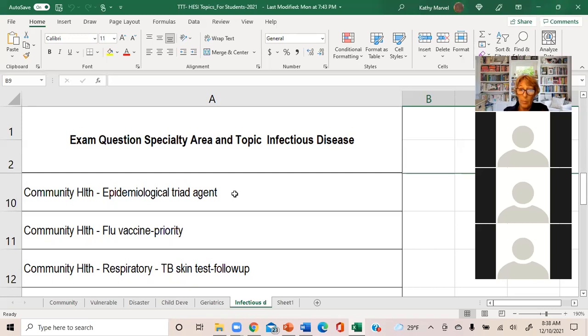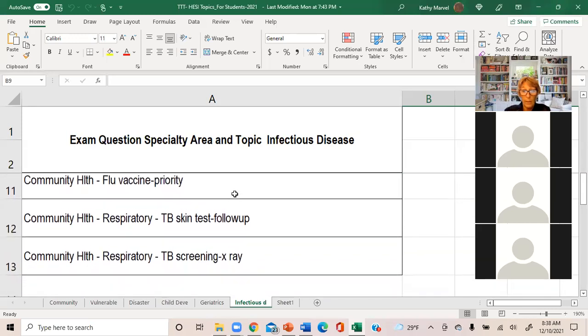Let's take COVID, for example. You have a COVID outbreak, and how is it going to affect the elderly? How is it going to affect the younger kids? What's your immune status? Are you healthy? Are you compromised? Do you have comorbidities? All those factor into how it will look.